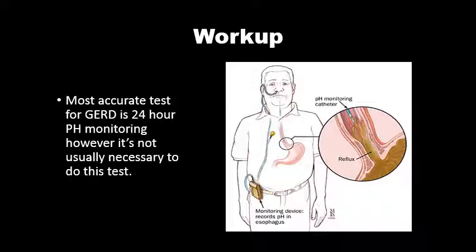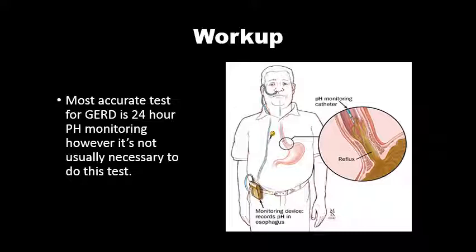It doesn't go all the way down to the LES, and it stays a few centimeters above the gastroesophageal junction so that it can see whether acid is getting refluxed upwards. So a determination is made by what the average pH in that area is.